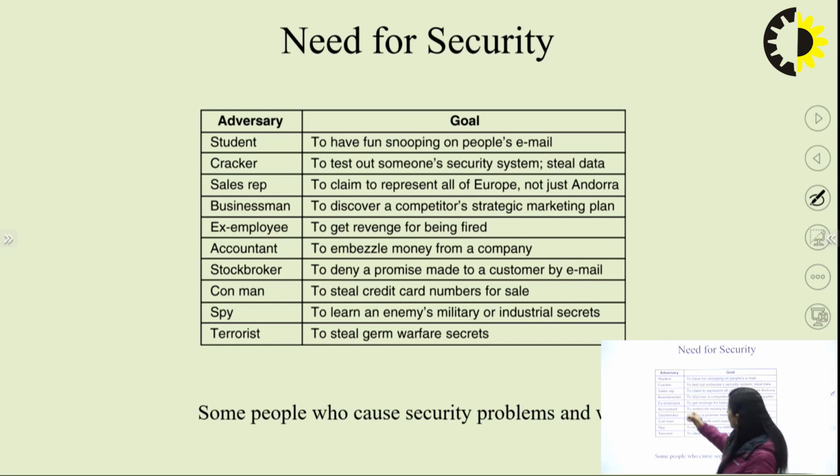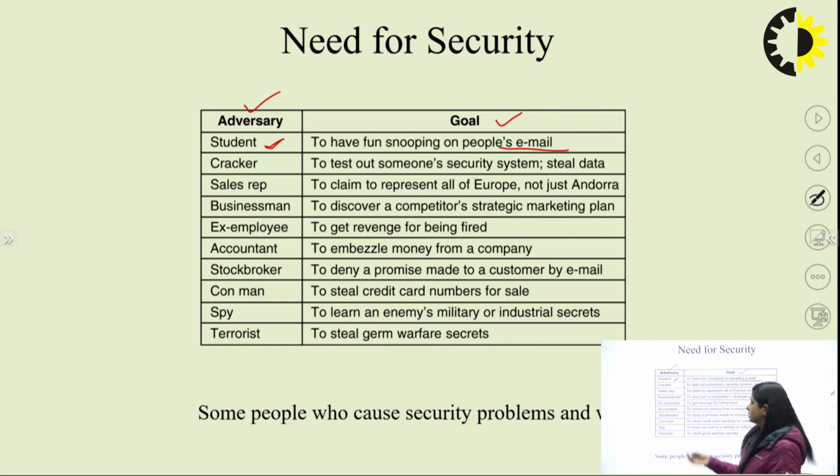So here we have some of the adversaries, and what is their goal? The most popular and obvious one, the students, right? What could be their goal? Just to have fun snooping on people's email, nothing else, right? Next we have crackers, who test out someone's security system and steal their data, right?